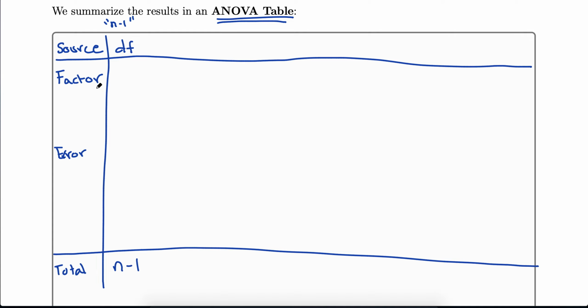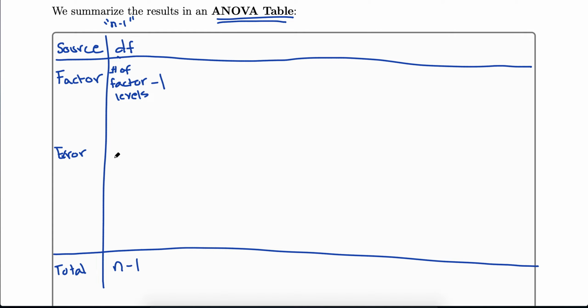For our factor, we can think of it as n-1, but our n is the number of things we're comparing, in this case, number of factor levels. So here, I'll say number of factor levels minus 1. And don't worry, we'll fill this in for our example in just a little bit. So this is like our n-1, how many factor levels, minus 1.